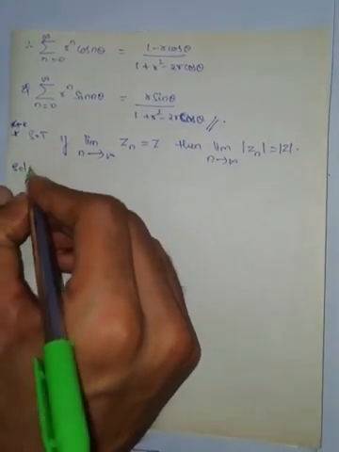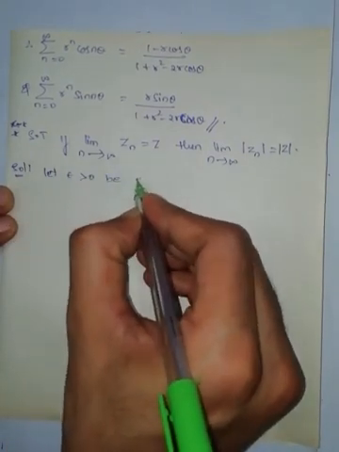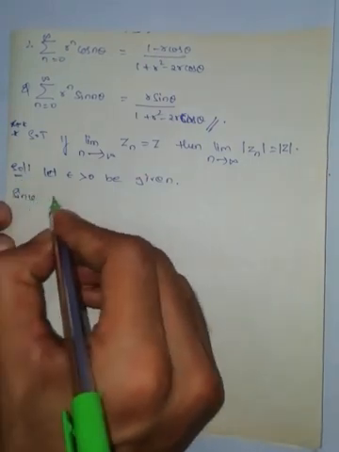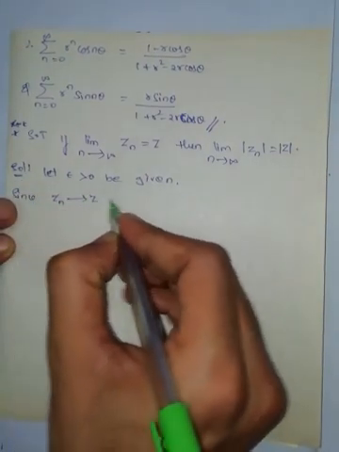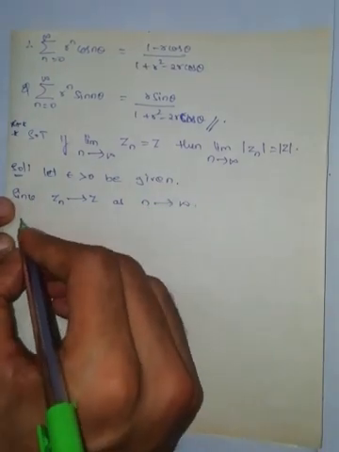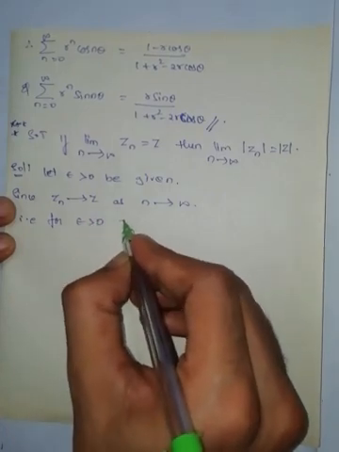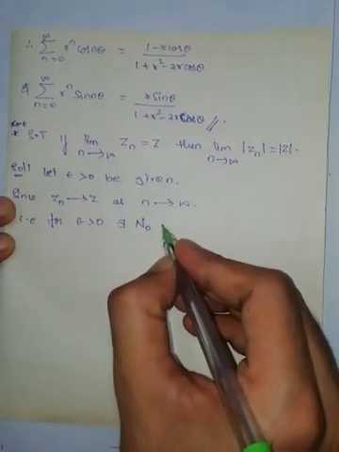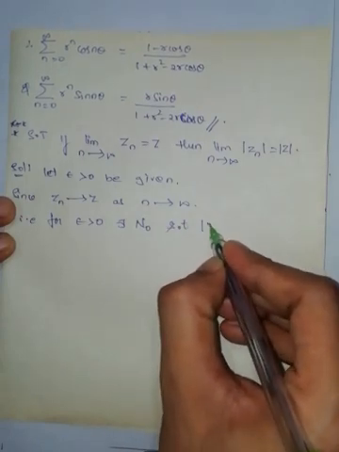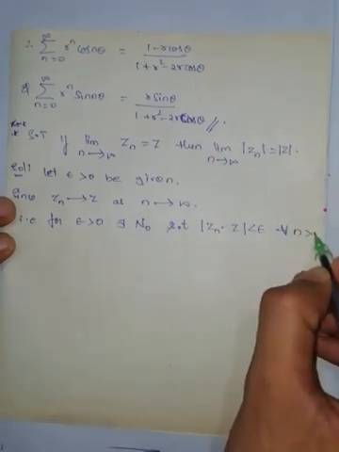Solution: let epsilon greater than 0 be given. Since what is the given? zn converges to z as n tends to infinity. That is, for epsilon greater than 0, there exists n naught such that modulus of zn minus z is less than epsilon for all n greater than n naught.